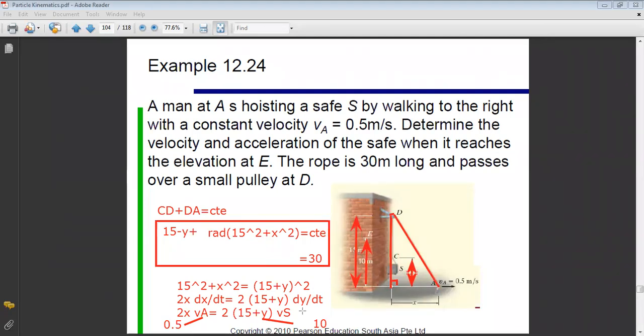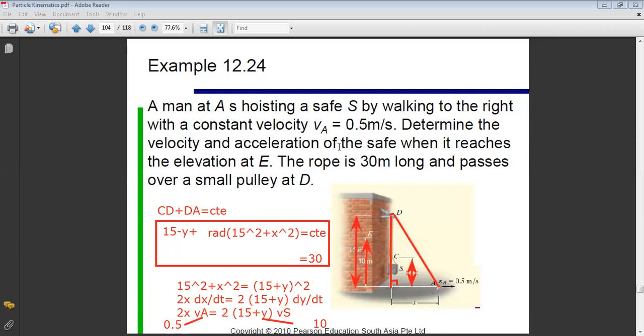Now, for the acceleration, if I want to find the acceleration of S, what should I do? All I have to do is to derive the relation of velocities. So I got 2x VA equals 2 times (15 plus y) VS. All I have to do is derive the velocity relation to get a relation between accelerations. Let us do it together. You have here x times VA, so it's the product of two functions.